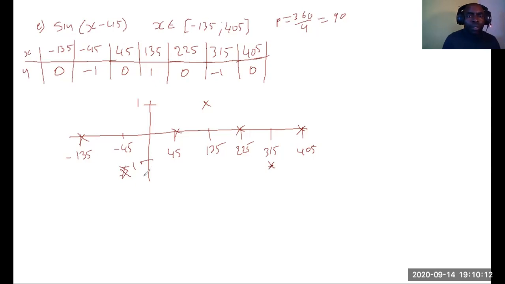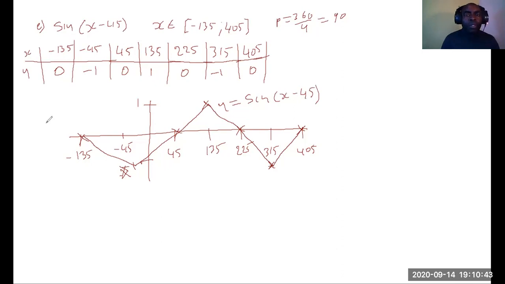Okay, so here is a 0, here is a negative 1, then a 0, so we will go down, then go up, then come down, then go up again. So this is our graph, which is y equals sine x minus 45.